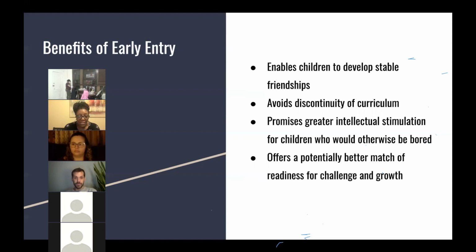It also, as some of you indicated, promises greater intellectual stimulation for students who would otherwise be bored. And we really want a good match for readiness in that child. So if they really need challenge, or we can think about promoting growth, we want to make sure that we're providing an opportunity to do so, and that could be a benefit for students.